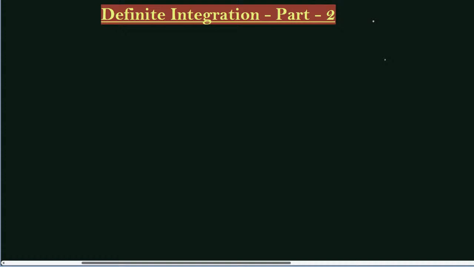So this class starts with the revision of the concept of definite integration as the limit of a sum. This is the meaning of definite integration.